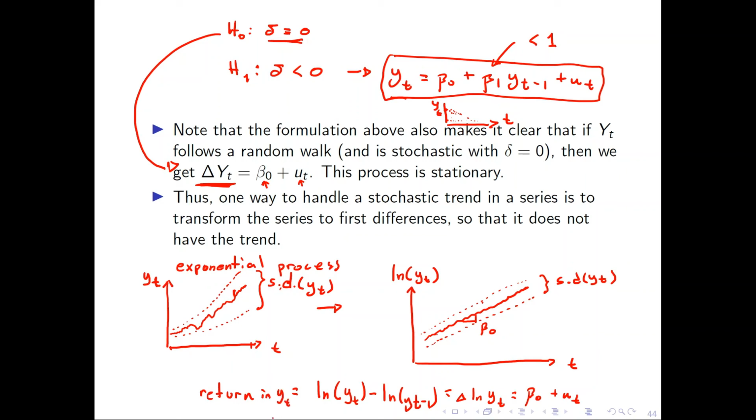Okay, and just a word of caution: this logarithmic approximation of the returns only works if the returns are quite small, like 1% or less. And this will of course happen if you gather data on a daily basis or a shorter horizon basis.